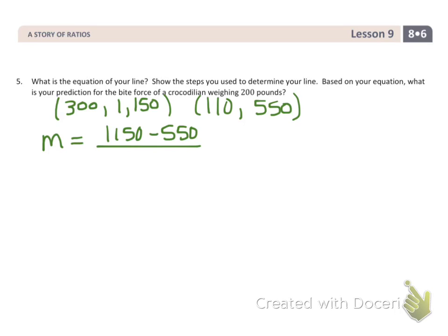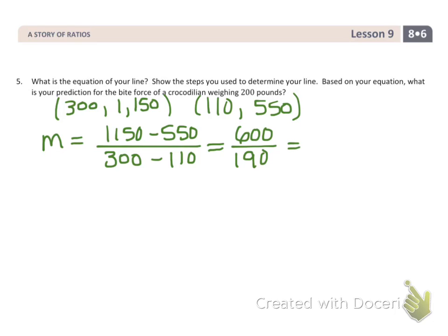That's the decrease in the y, divided by the difference in the x-coordinates, 300 minus 110. So this is 600 over 190.